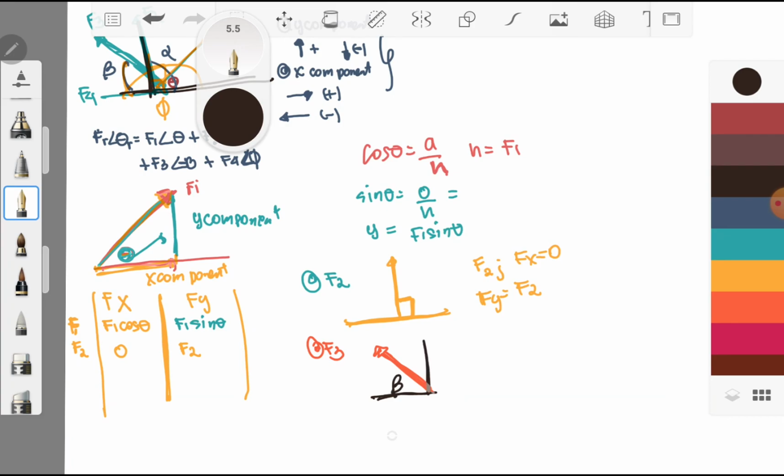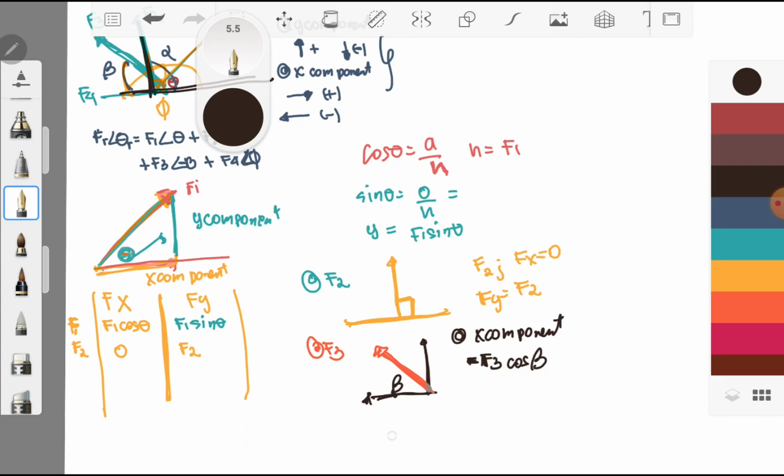Take note that at the x component, it is negative, equal to negative F3 cosine beta.